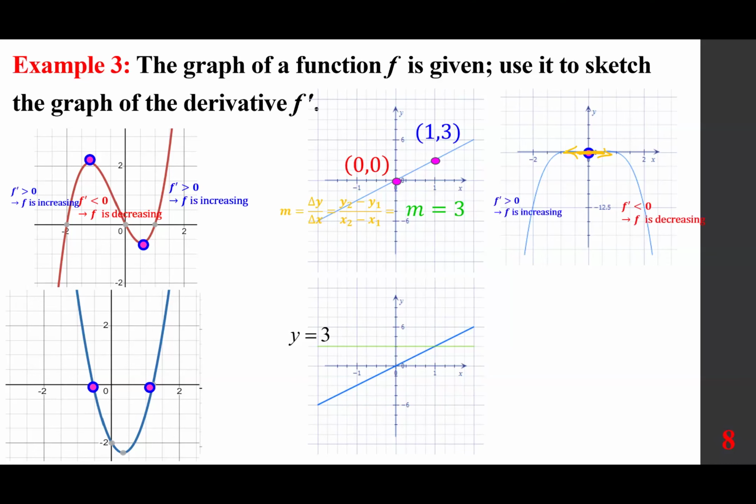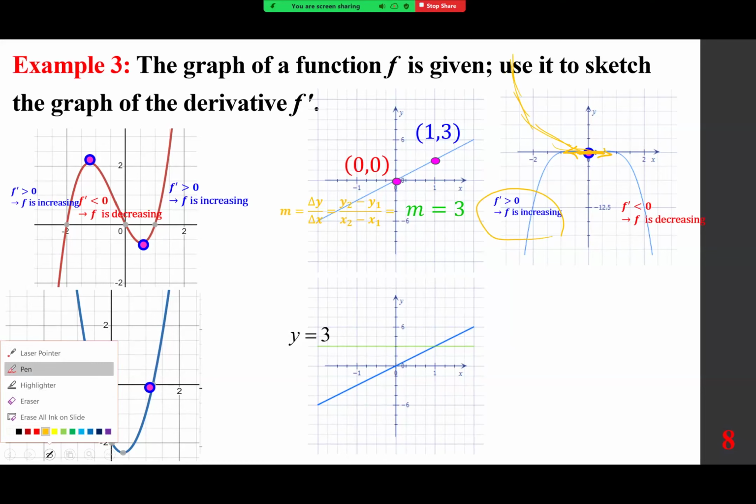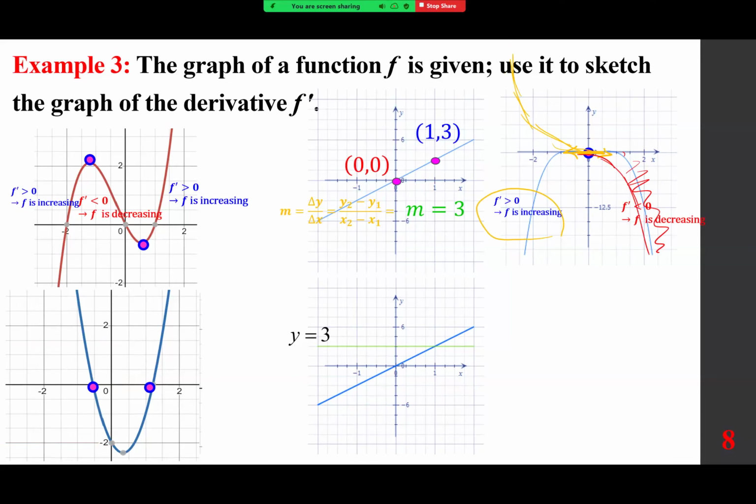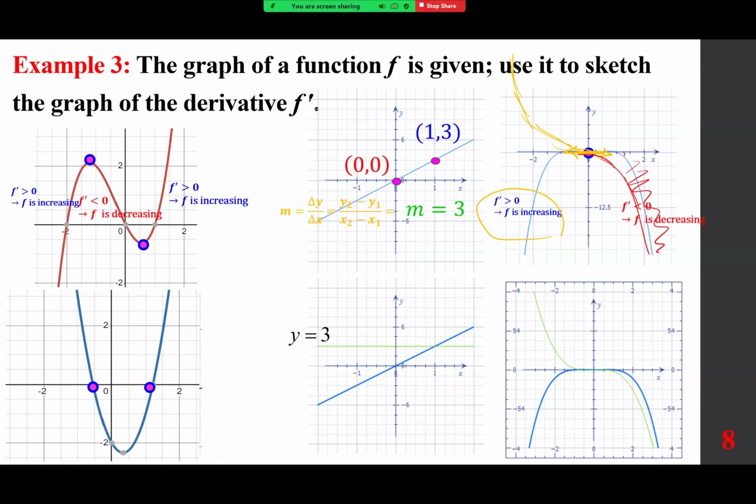This portion is increasing, so above the x-axis for this portion. This is decreasing, so below the x-axis, and it looks like this. Again, let me erase mine.